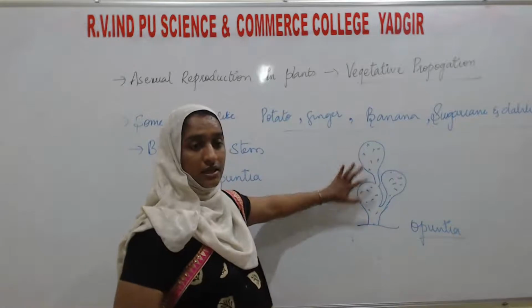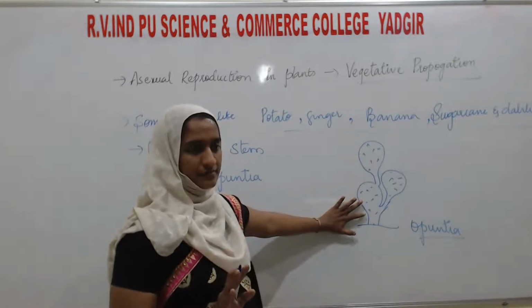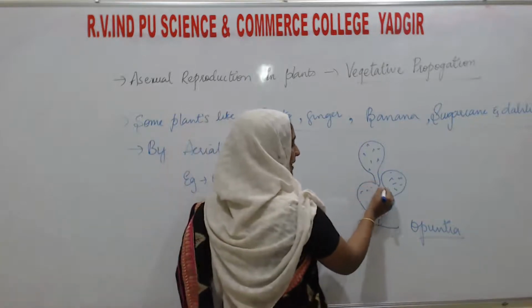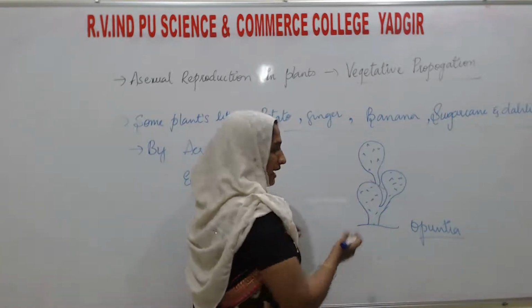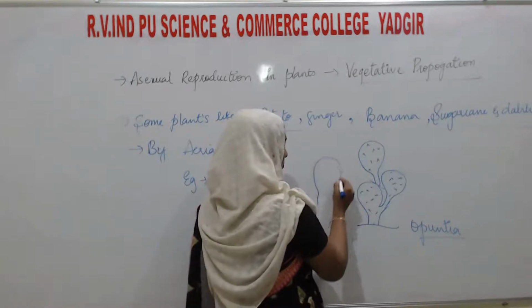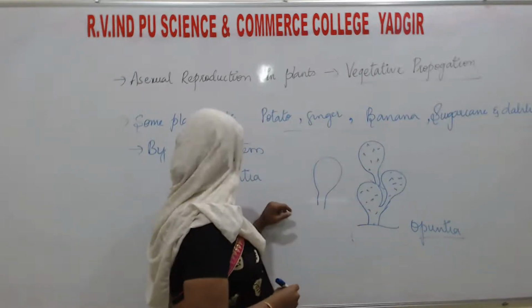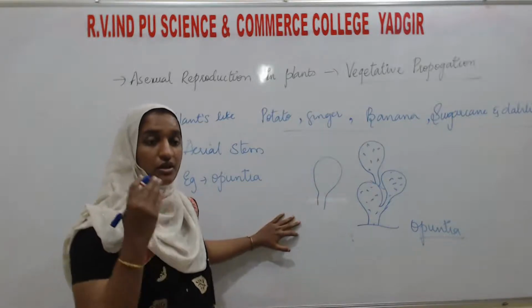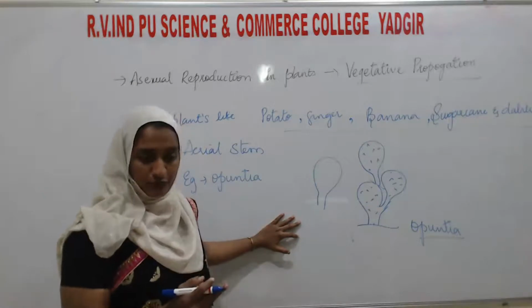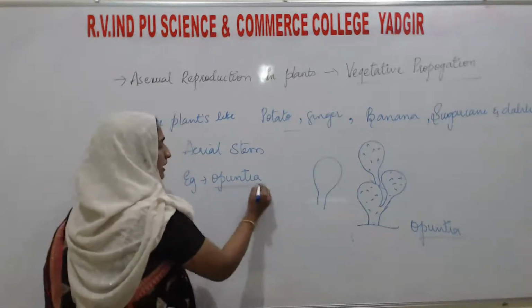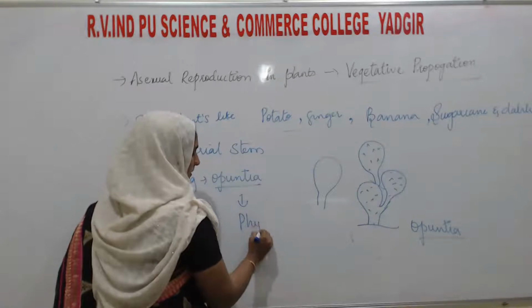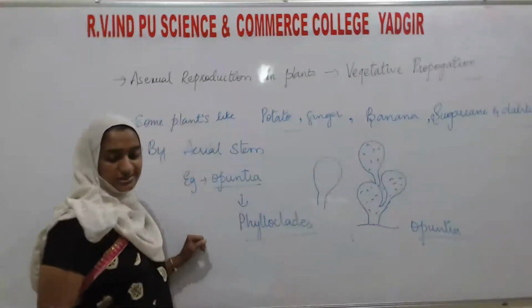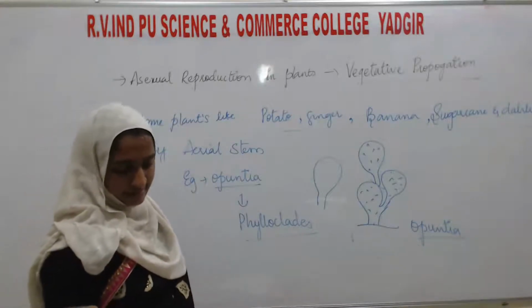These are the stem, not leaves. This stem will get detached from the main body and it is going to produce a new plant like this. And what is the vegetative propagule of opuntia? It is the phylloclade.